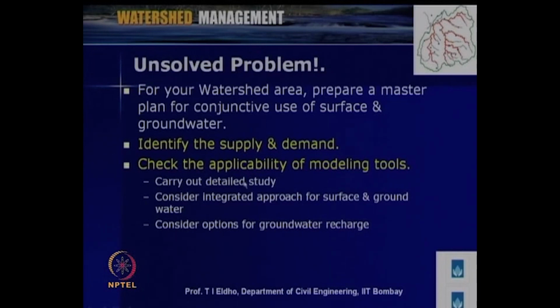You can conduct detailed studies and develop an appropriate plan, an integrated approach for surface and groundwater, by using mathematical modeling. Then you can look into the various options for groundwater recharge for the particular area concerned. So, you can try this for your watershed area.